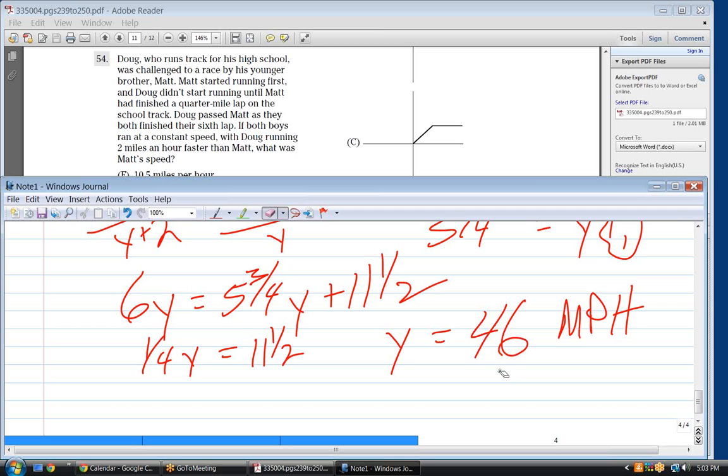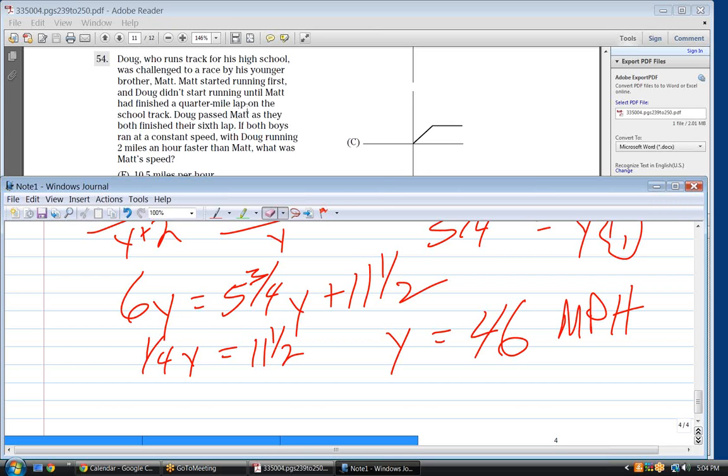I think if they run 6 laps, it's 1.5 miles, and Matt was, wouldn't it be 1.25? I may be misinterpreting the problem. I'm not sure that they have defined the problem well enough to us.